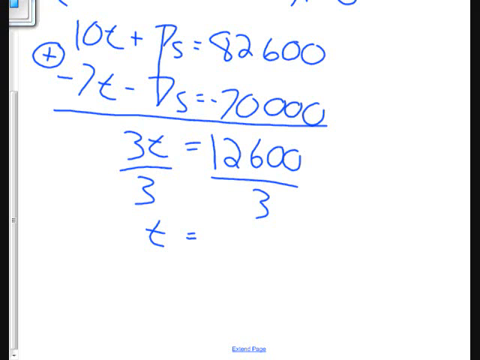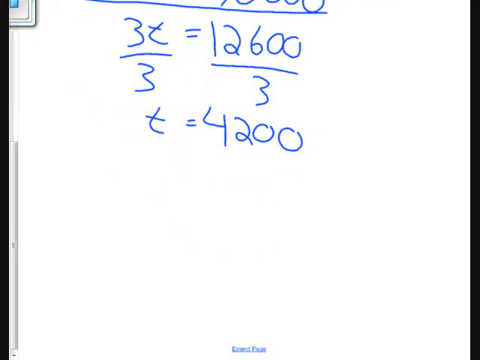What's that? 4,200? 4,200. So Reed has invested $4,200 at 10%. How do we find out how much he invested at 7%? Yeah, we'll go back to our first equation. T plus S equals 10,000.